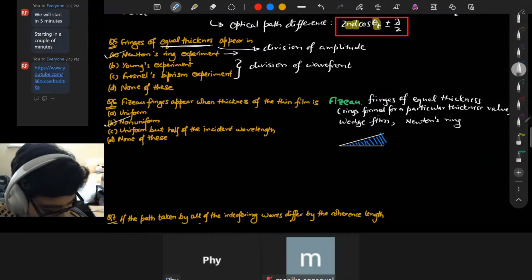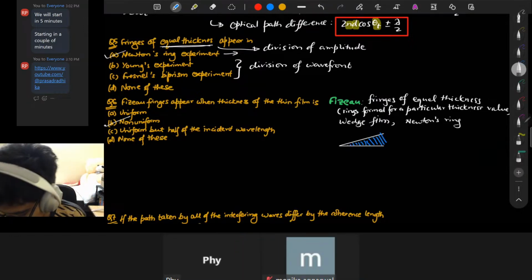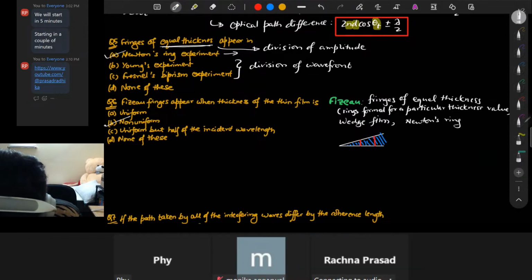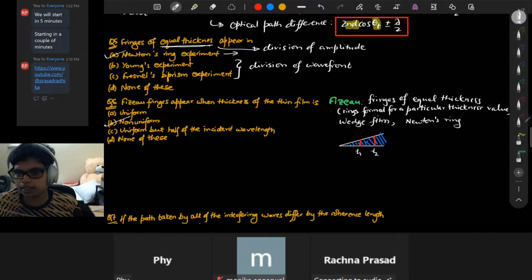That's the film. And what happens is you have the rays coming from here, or maybe from here. So there are different thicknesses, here thickness T1, here thickness T2. So the thickness is different.